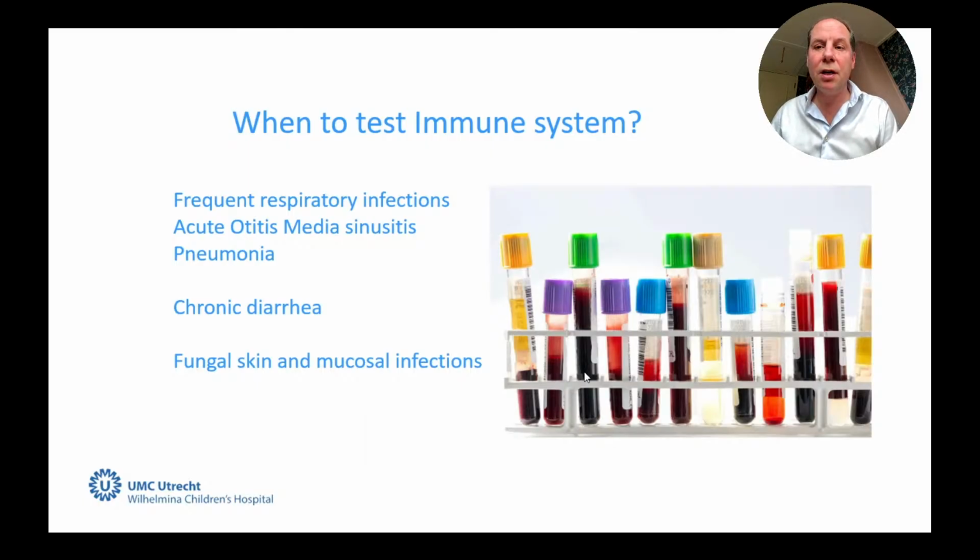So you may also have chronic diarrhea. And what also can happen is fungal, like the little baby, fungal skin and mucosal infection. So as an older child or adult, you may develop thrush, which isn't normal beyond the neonatal age.